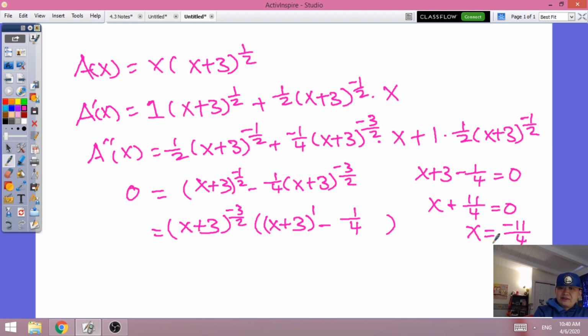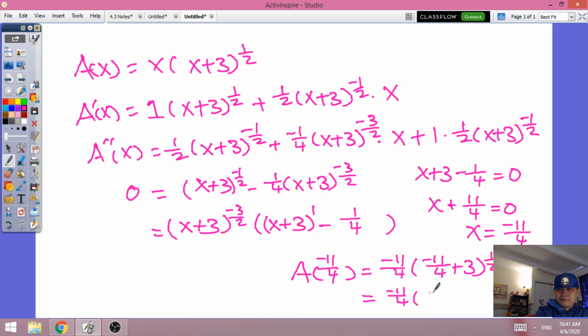Whatever you have for the x value, you want to plug back into the original function to find out what y is. So a of negative 11 over 4 equals negative 11 over 4 times the quantity negative 11 over 4 plus 3 to the power of 1/2. This one is just like 12 over 4, so it's 1/4 to the power of 1/2, which is the square root of 1/4, which is 1/2.